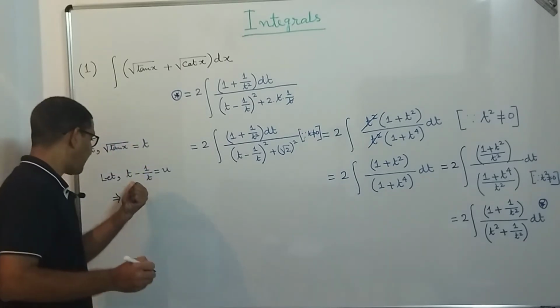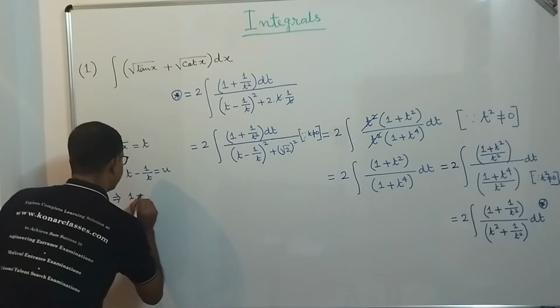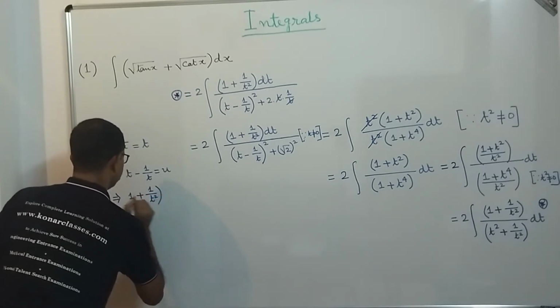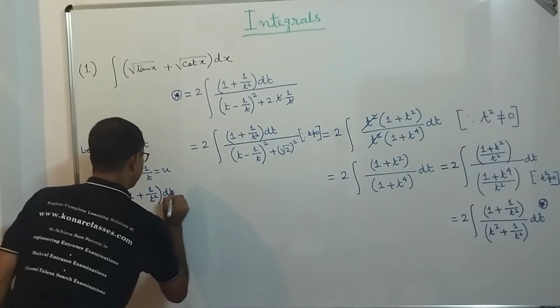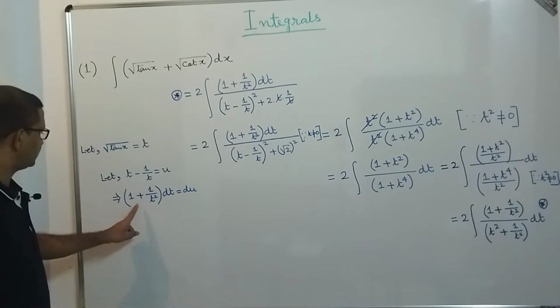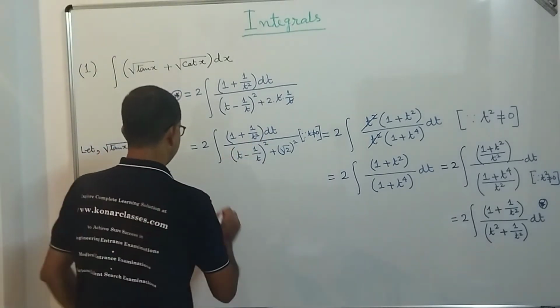That minus and that minus will become plus, so plus 1 and t to the power minus 2 means 1 by t square. You know differentiation very well, so I am not going into the details of it. So 1 plus 1 by t square into dt becomes du.